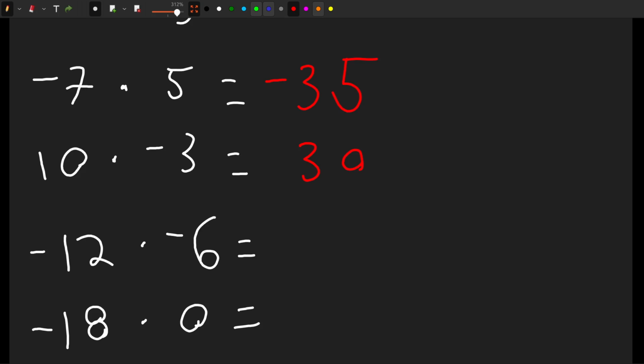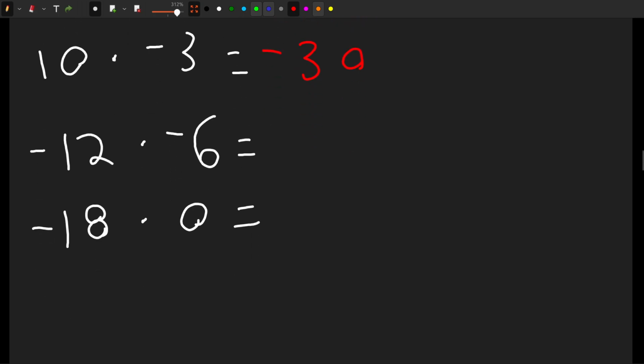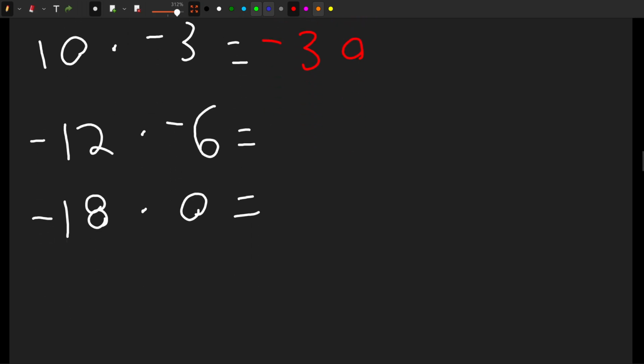And then a positive times a negative is a negative. Okay. Next two on the list. Negative 12 times negative 6. Oy, that's a big one. So first off, what's 12 times 6? That's 72. And then a negative times a negative is a positive, so that's positive 72.